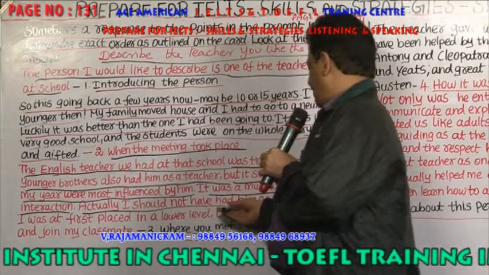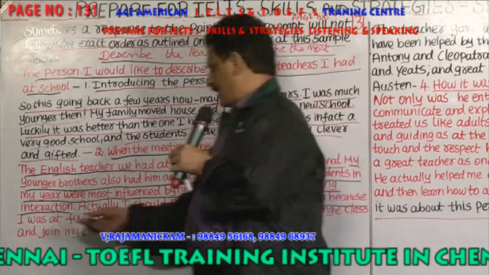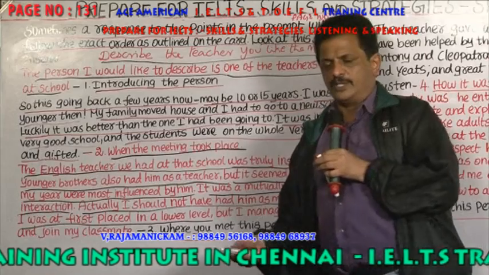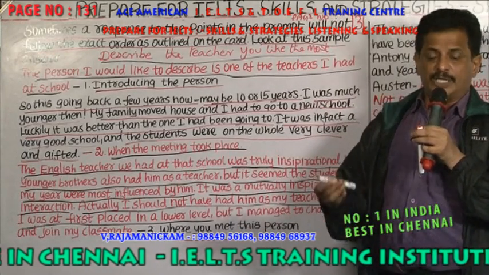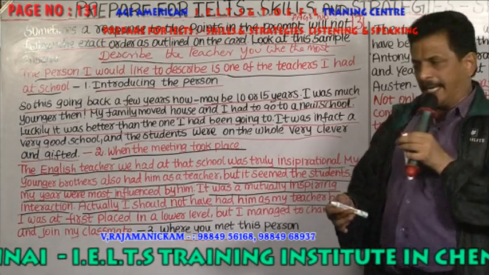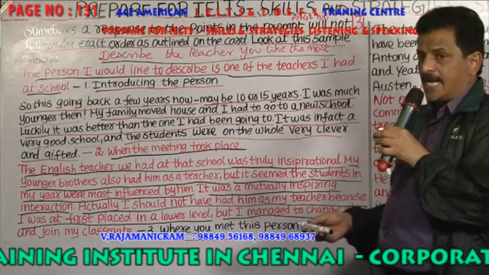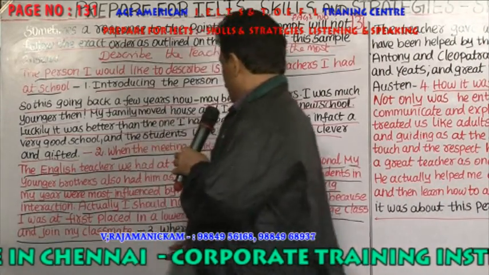Actually, I shouldn't have had him as my teacher because I was at first placed in a lower level. So this fellow was placed in a lower level, and the teacher is not supposed to teach him, but I managed to change class. He was able to change class and join my classmates.